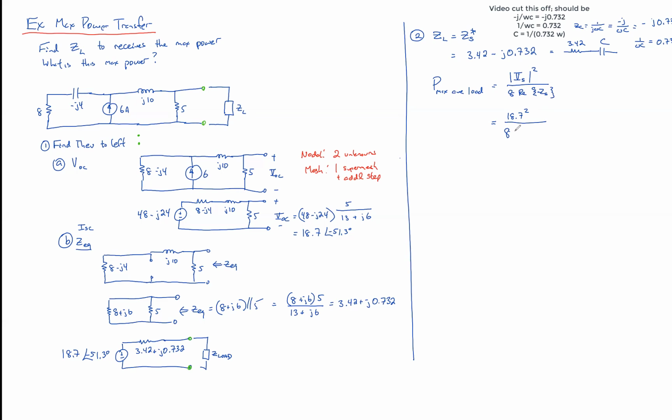The real part of Z sub S is 3.42. And when you plug that into your calculator, you'll get 12.8 watts. So these are the answers to the question.